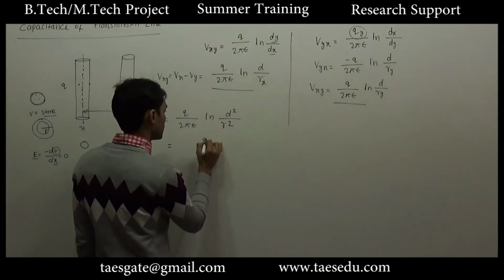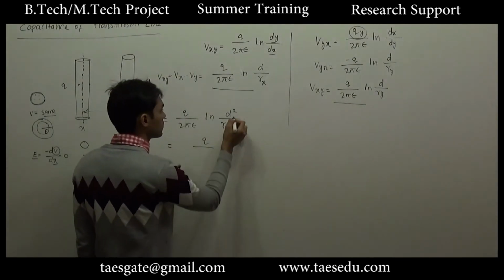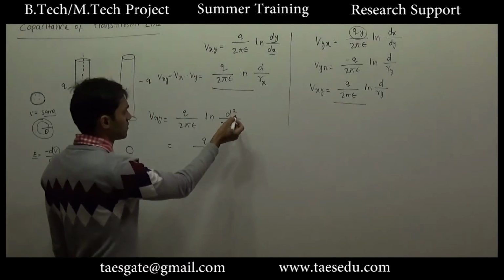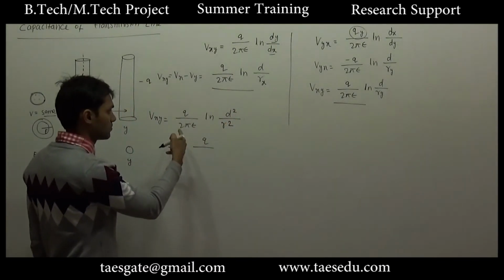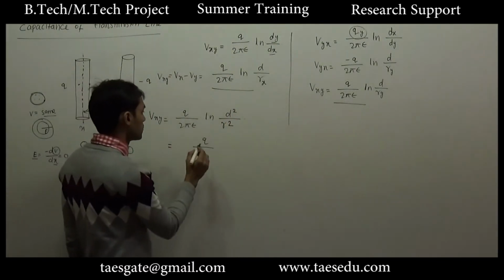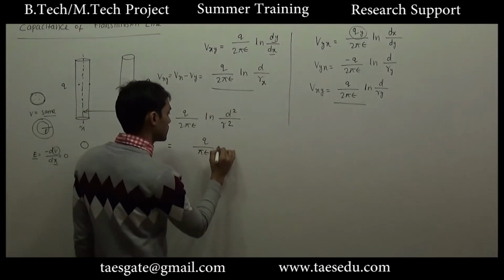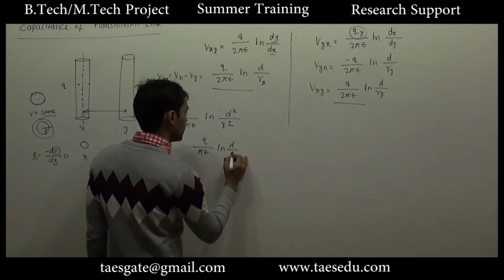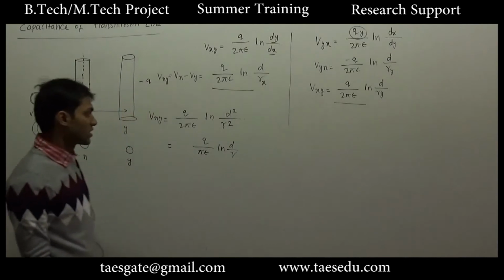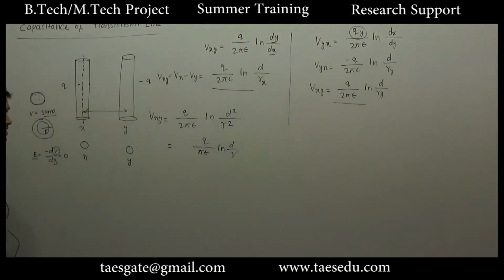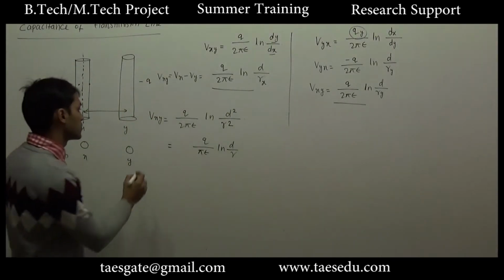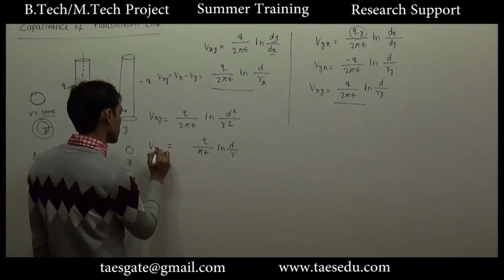Then we will have q divided by 2, which will come outside the log, so here we will have pi epsilon ln d by r, where d is the distance between the conductors and r is the radius of the conductor. So this is the potential difference Vxy.